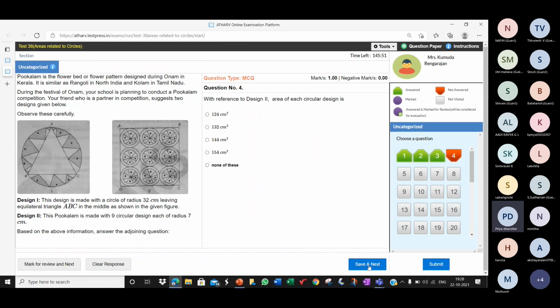Ma'am, one circle, 154. Yes, children. So design 2, area of each circular design. One circle has a radius of 7 centimeters. So pi into 7 square, 22 by 7 into 7 into 7, 154 centimeters square.